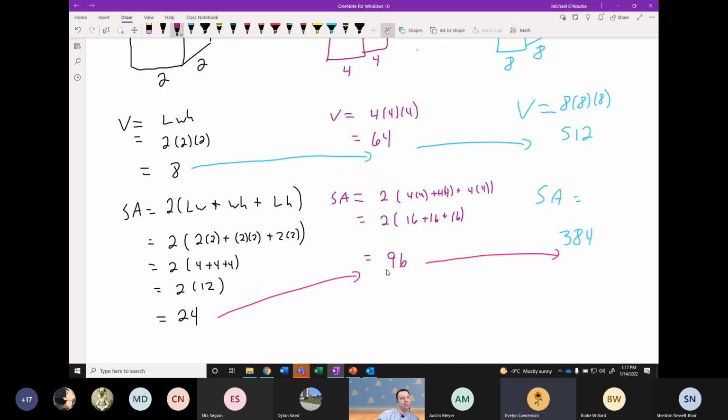All right. So who can see the pattern between these ones for surface area and for volume? So how do we go from 8 to 64 and 64 to 512? Let's look at volume first.